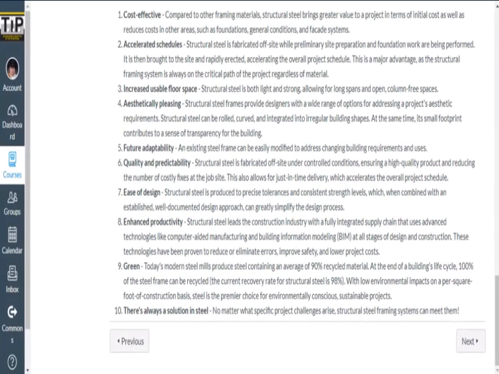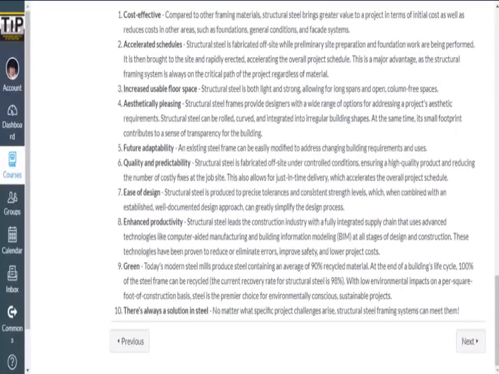Another example for this one is retrofitting. Retrofitting of steel structures is a bit easier and less complicated compared with concrete. In concrete, there are a lot more methods to do retrofitting. So why do we do retrofitting in the first place? Because of the changing code requirements. For example, you have an old building.